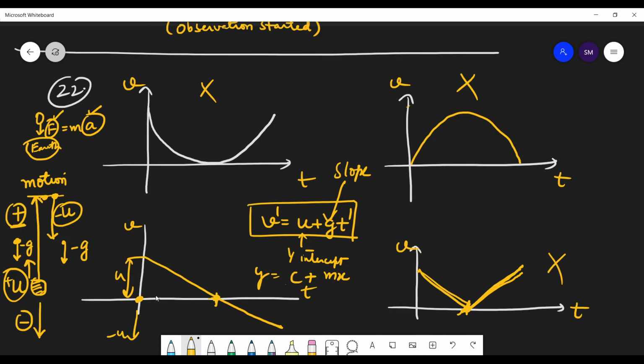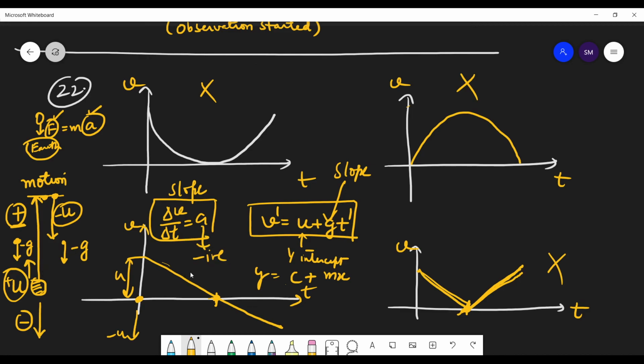इस केस में अब अगला क्लू देखो. g इज योर स्लोप. स्लोप इज नेगेटिव हेयर. Slope is negative in this case throughout. Slope is change in y-axis upon change in x-axis, so y-axis is velocity, x-axis is time, and slope gives you acceleration. Acceleration due to gravity is always downward, so slope is negative here.